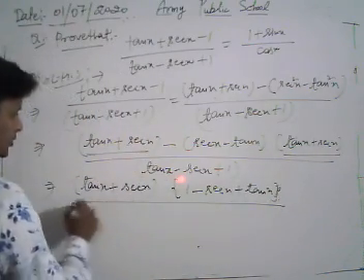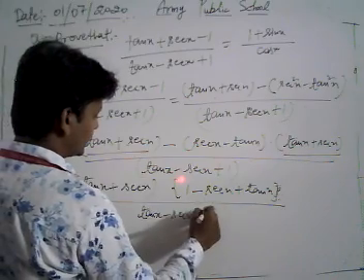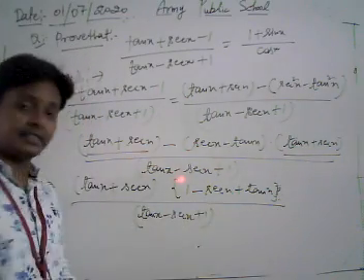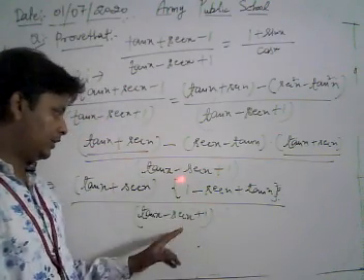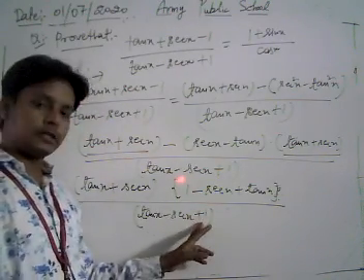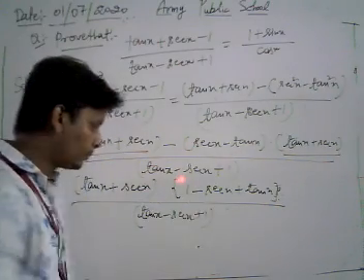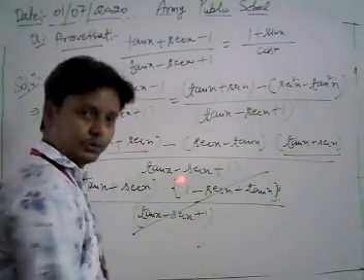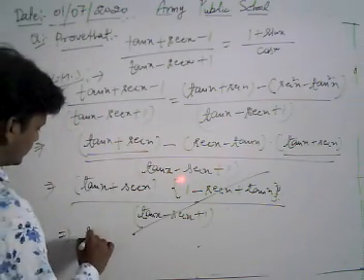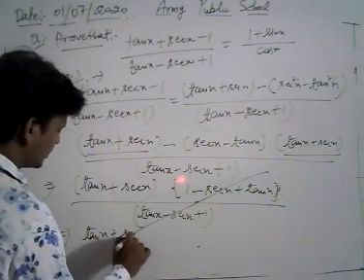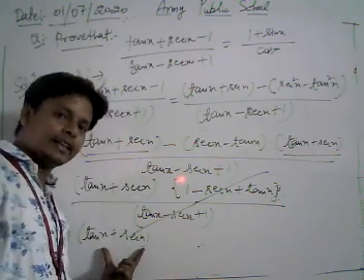In the denominator we have tan x − sec x + 1. That part cancels each other and we are left with tan x + sec x.